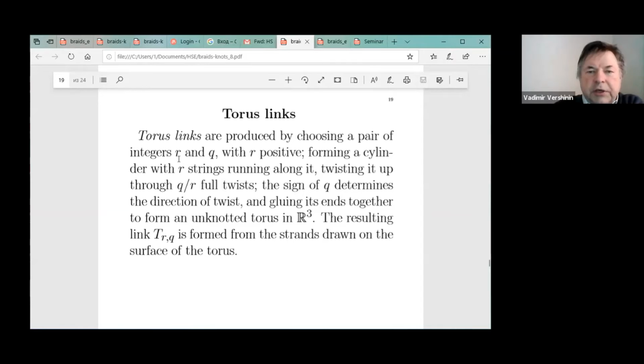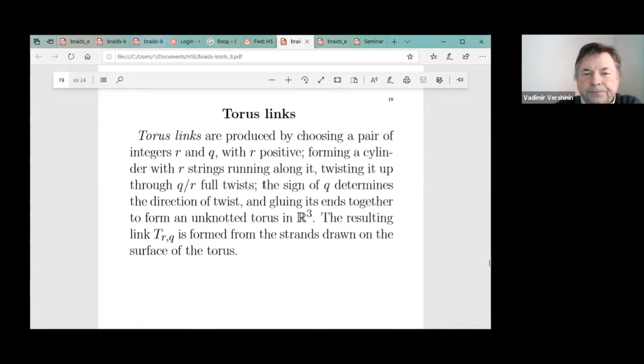You just take a pair of integers, r and q, and you suppose that r is positive. Then consider a cylinder with r strings running along the cylinder and twist this cylinder by 2πq over r, so the angle.